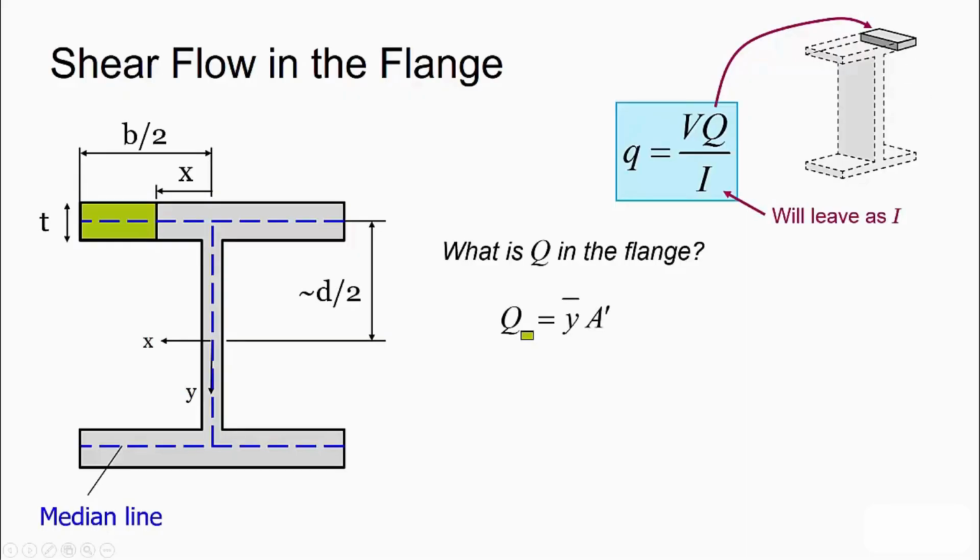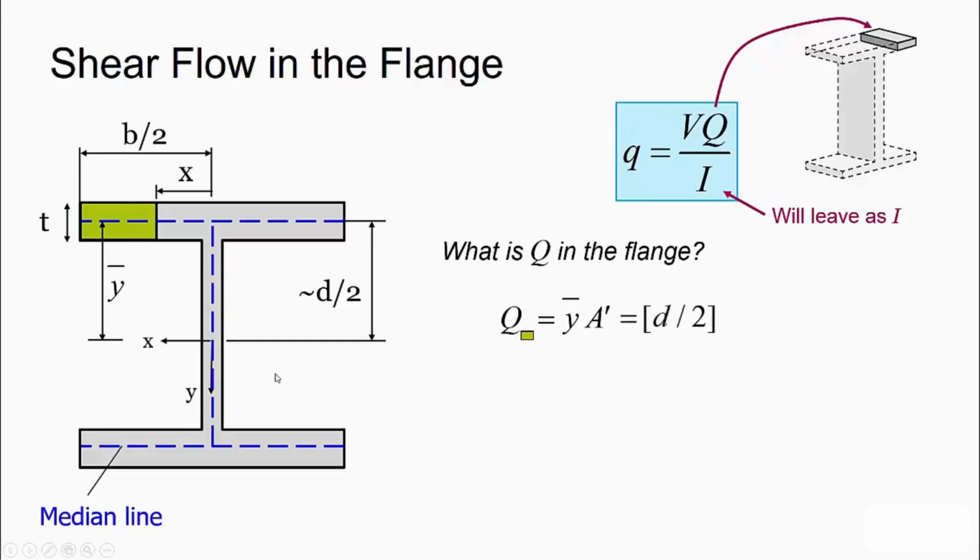So the question becomes, what is Q for this green sectioned area? Well, Q is y bar times A prime. Now, if you forget what those two things are, y bar is the distance from the neutral axis to the centroid of our area of this sectioned portion.